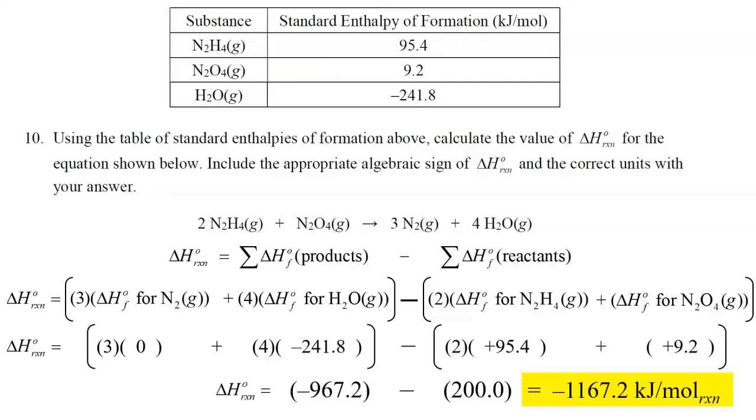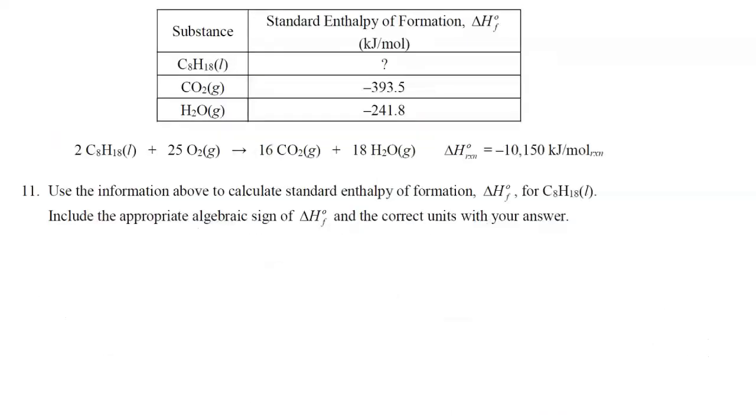So we got that by using the equation products minus reactants for standard enthalpy of formation data that was from this table. Now, question 11 is similar to question 10 in that we still have to use the formula products minus reactants, and we have standard enthalpy of formation data.